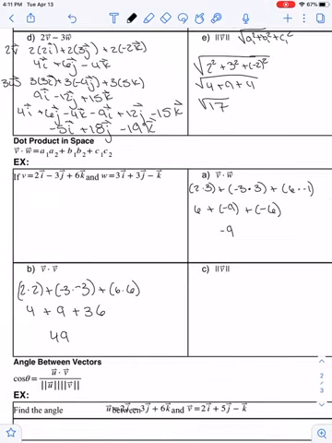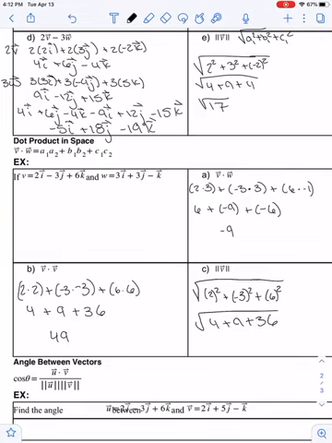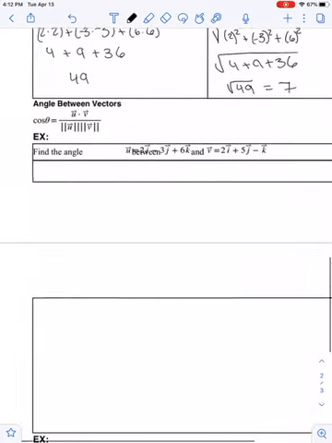And then we have here the magnitude of v. So the square root of 2 squared plus negative 3 squared plus 6 squared. And that is 4 plus 9 plus 36, which equals the square root of 49, which equals 7.